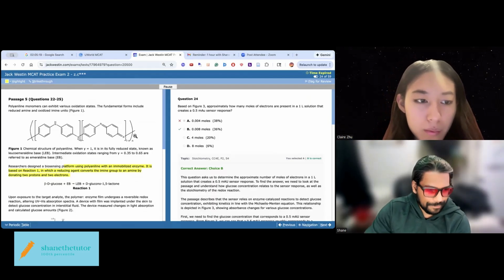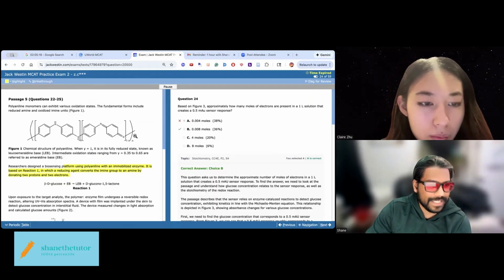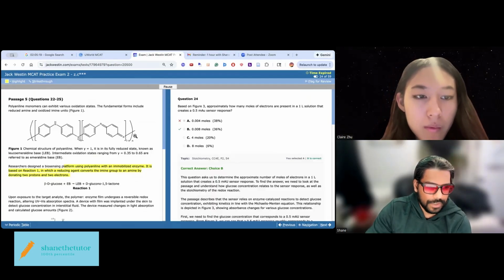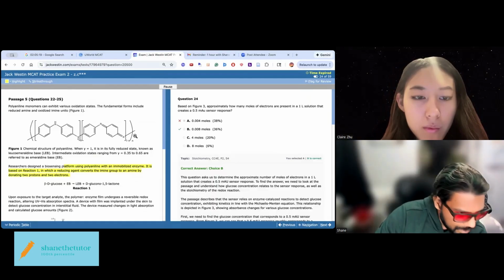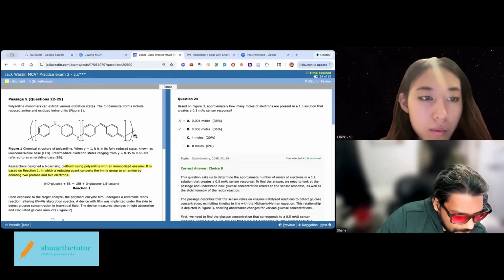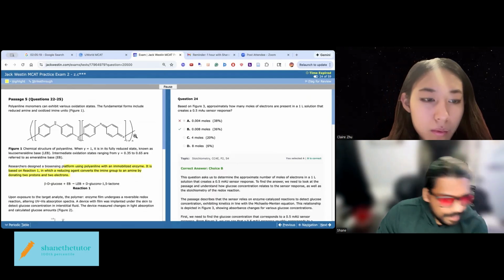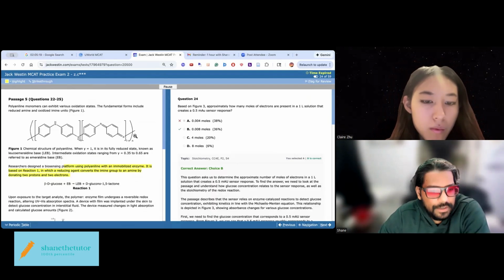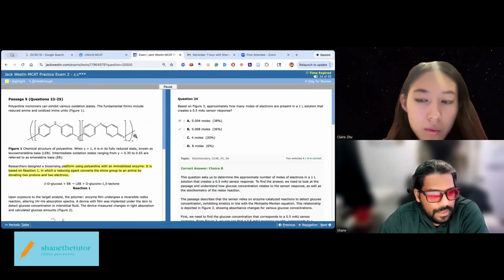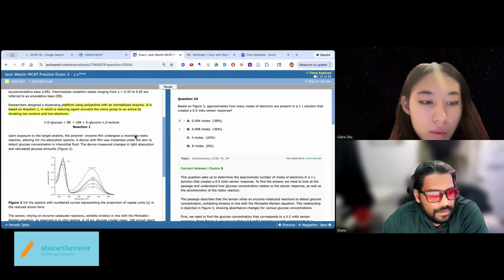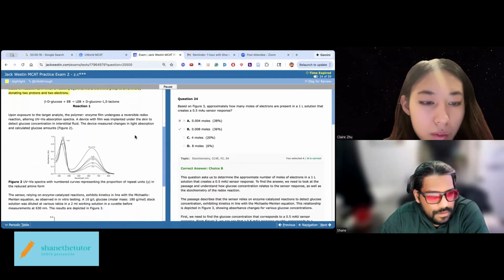Because they're saying that they took, so I guess the polyaniline would be, is that the substrate? Let me see. Or was the glucose the substrate? Let me see below, on the left. Let's see.